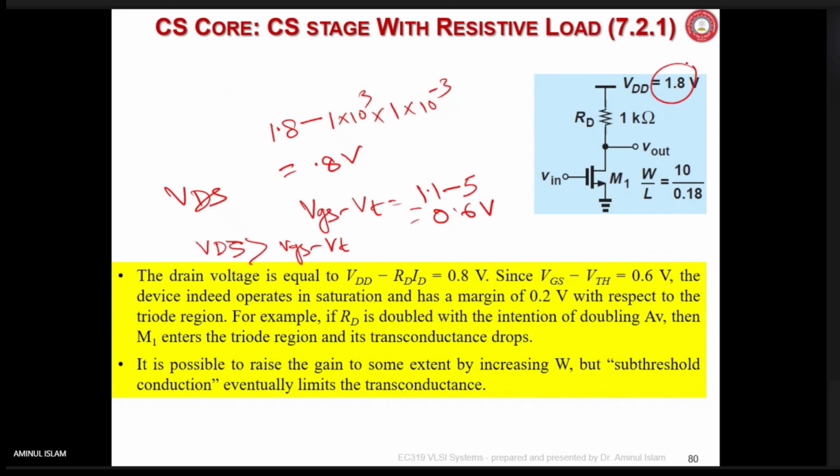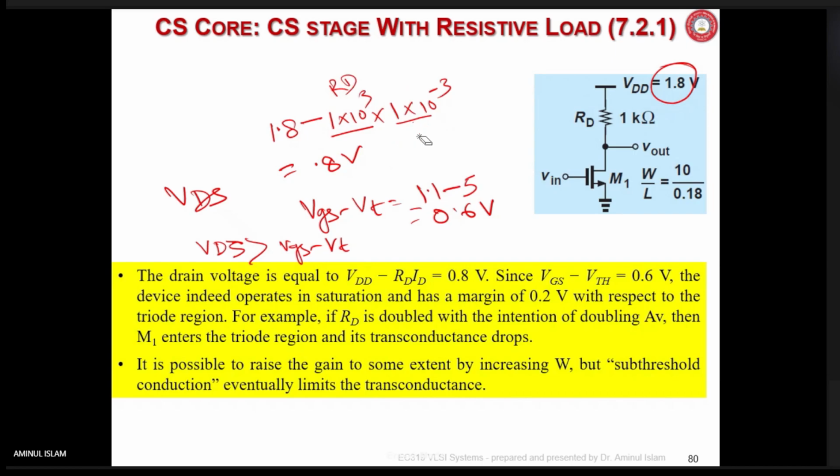VD is 1.8 volt minus ID RD. RD is 1 kilo ohm, this is the RD value, 1 kilo ohm, and this is ID.